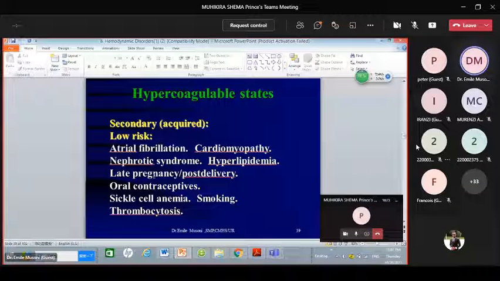Then you'll have lower limb swelling because of the stagnation of the blood. Even post-delivery, because there will be rest on the bed more than 3 days. Oral contraceptives can cause thrombosis. Thrombosis, an increase of platelet, sickle cell anemia.